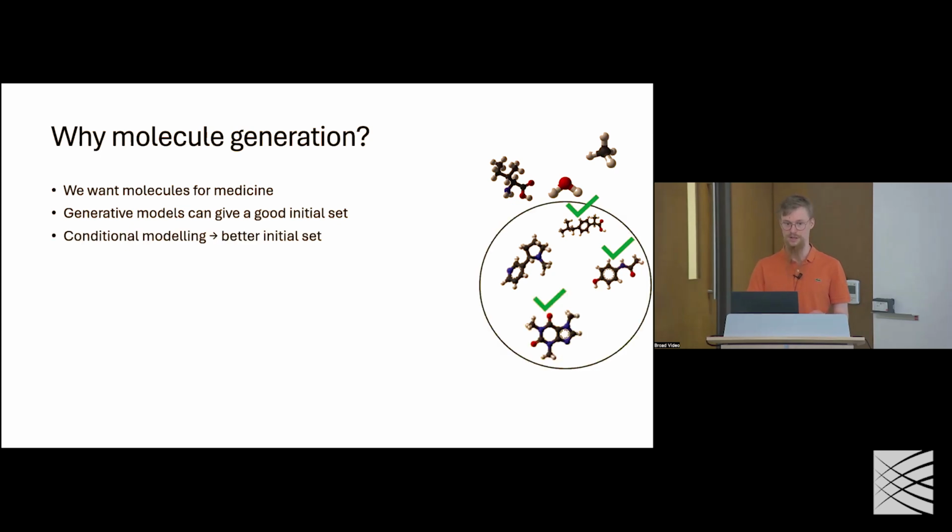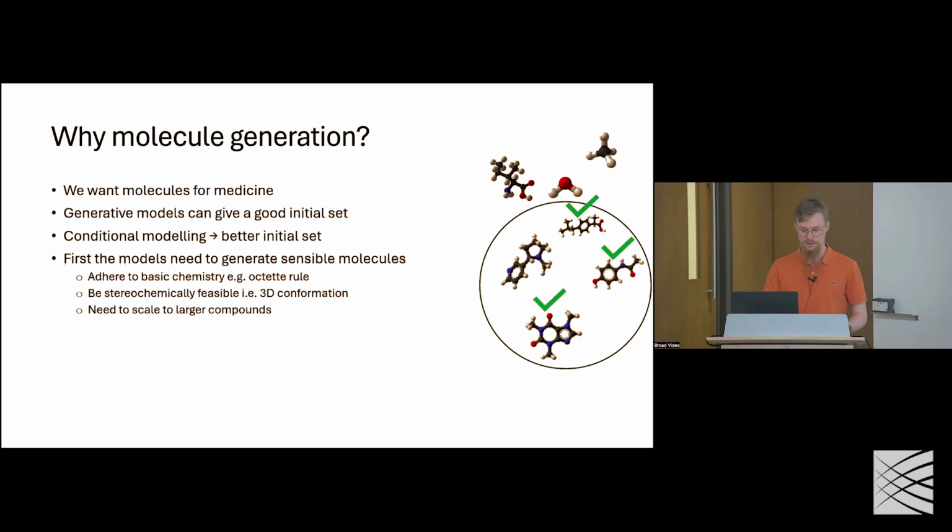And then we can furthermore do conditional modeling. So taking some condition like a binding pocket and have a better initial set. And using this kind of automated pipeline could give a lot of savings because drug discovery is extremely expensive.